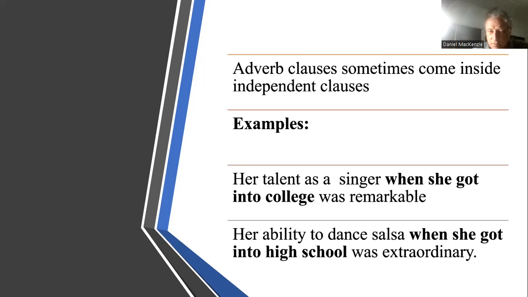Another example, her ability to dance salsa when she got into high school was extraordinary. When she got into high school would be your adverb clause. Your independent clause, which actually surrounds the adverb clause, is her ability to dance salsa was extraordinary.